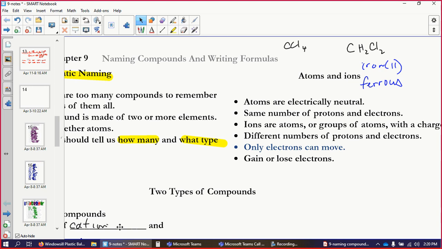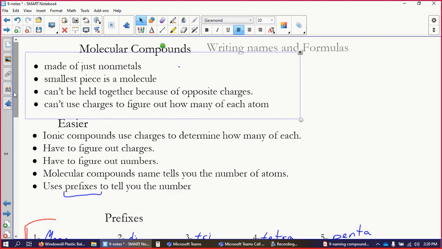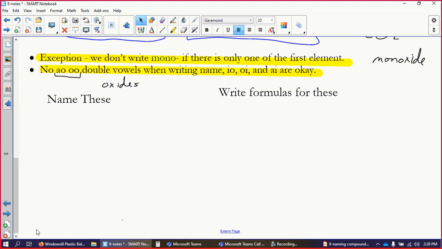Well, you don't have anything like the periodic table. Now you can go through and do all sorts of stuff, but that's all there is to naming molecular compounds, unless we want to get into much crazier things.